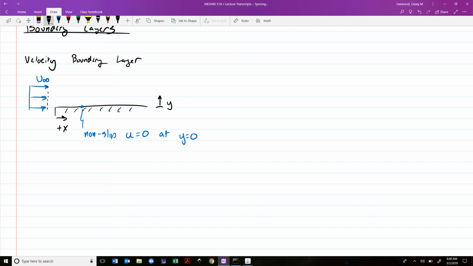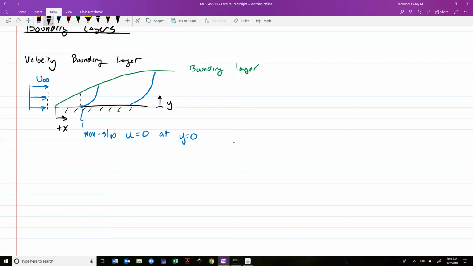It in turn slows down the next adjacent fluid particles by action of shear stress, and so on and so forth. And so you get this gradual retardation of the flow next to the solid object inside of this layer that we call the boundary layer.